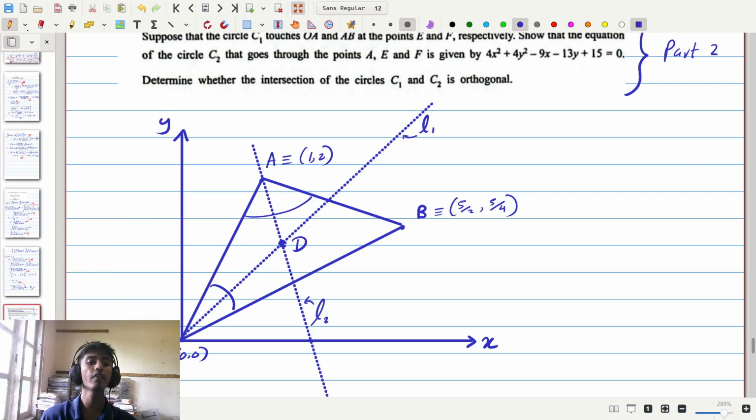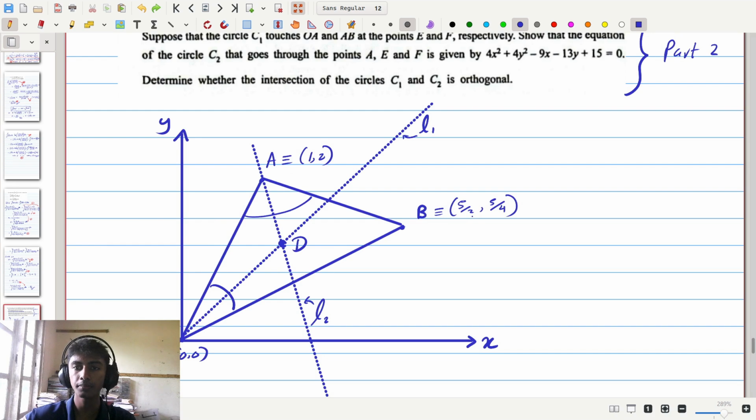So now we will label the origin, the point A, the point B, and additionally the point D and the two angle bisectors we're going to be looking for, which is L1, the angle bisector of AOB, and L2, the angle bisector of OAB. Usually when you're drawing something like this, you want to make declarations.